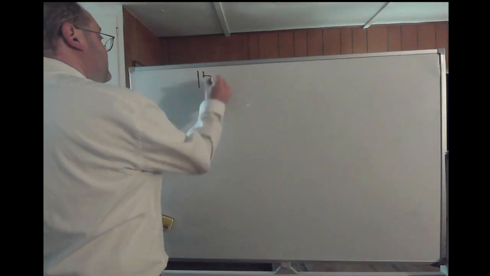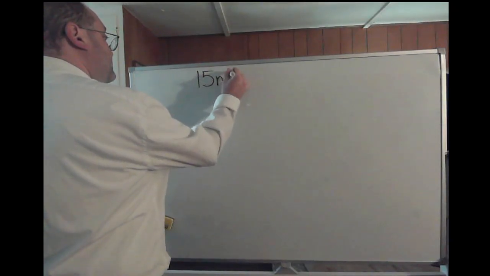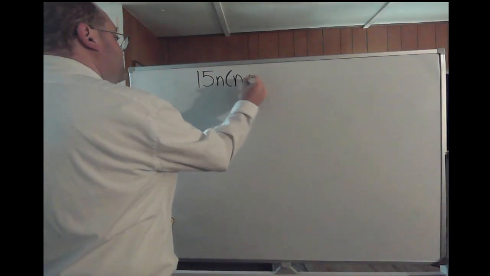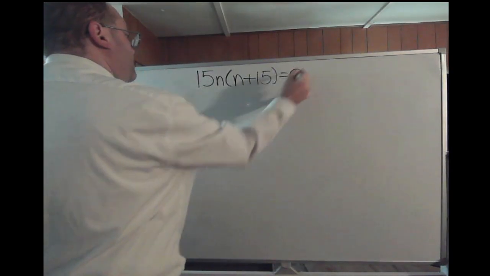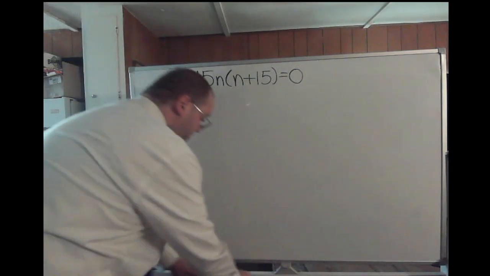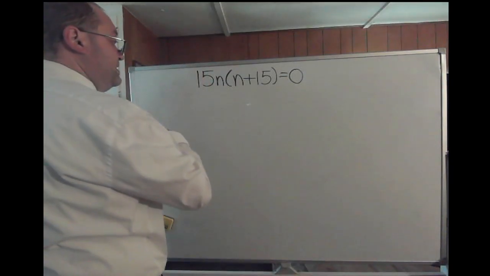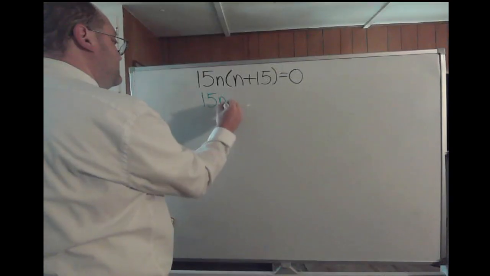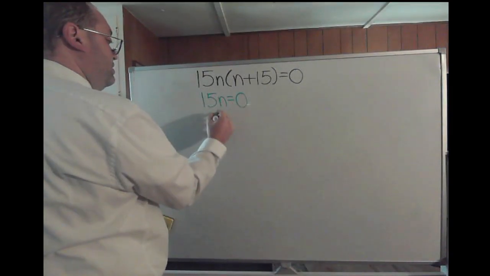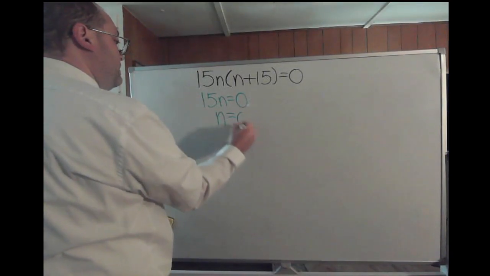Alright, 15n times the quantity of n plus 15, that's equal to 0. Well, still, you're going to take each of the factors, set it equal to 0. Start with your 15n, set that equal to 0, well, n would just equal 0.